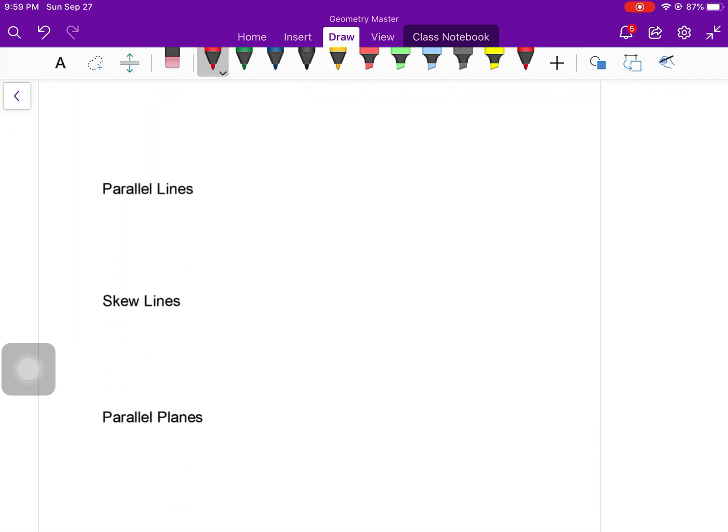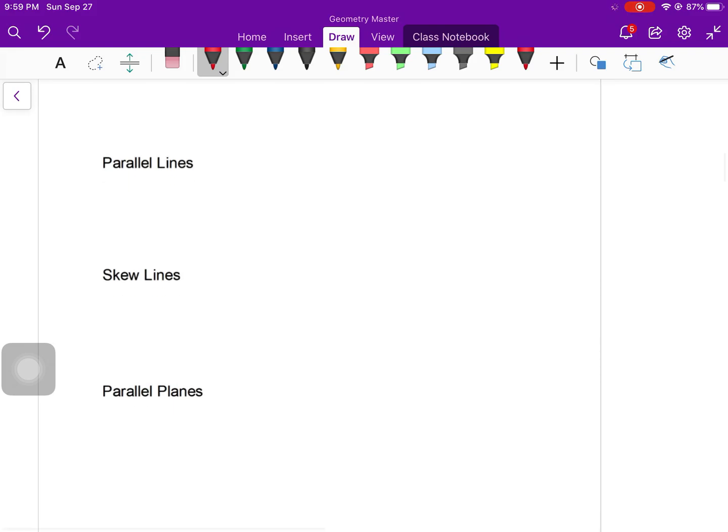So today there's going to be a lot more definitions and things to write down. So parallel lines, I think everybody knows that parallel lines never intersect, but in geometry we need to be a little bit more specific. These are coplanar lines that never intersect.